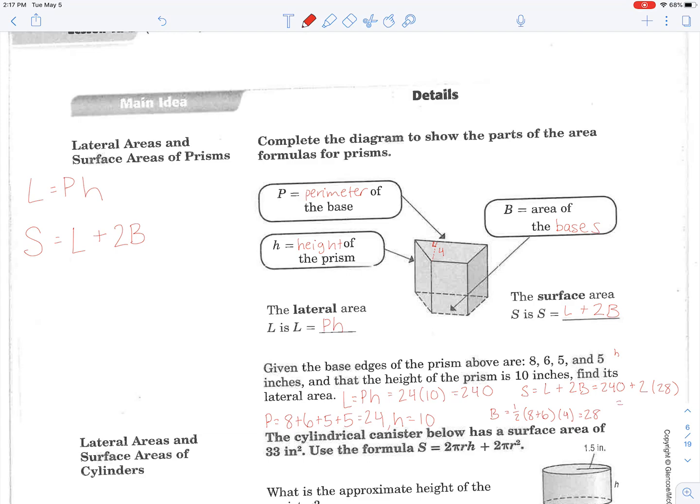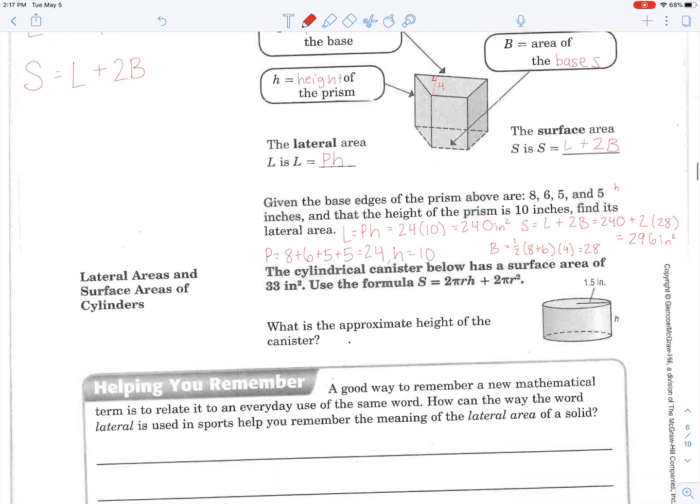So my surface area would be 2 times 28 plus 240, which would be 296. Okay, and they tell me that this is measured in inches, so my lateral area would be inches squared and my surface area would be inches squared.